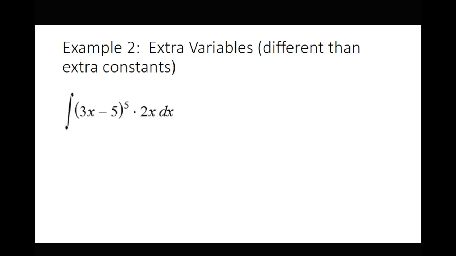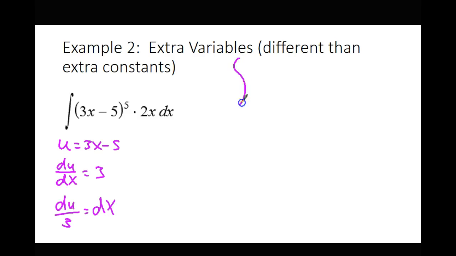What do you guys think this is here? What's the strategy I would apply? It's a u sub. So let's do a u sub. And so this is going to give me the integral of u to the 5th, 2x du over 3.